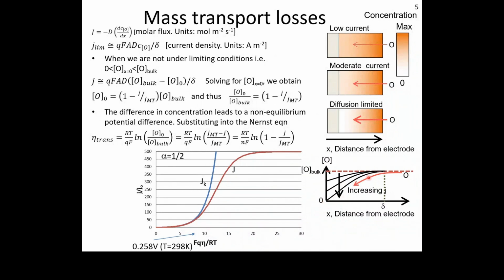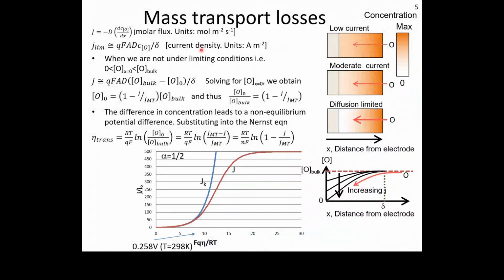Now, it should be obvious that under this bottom condition, we can't pull any more current through that electrode. We can't do any more reduction because all of the O that's getting to the surface is being reduced.